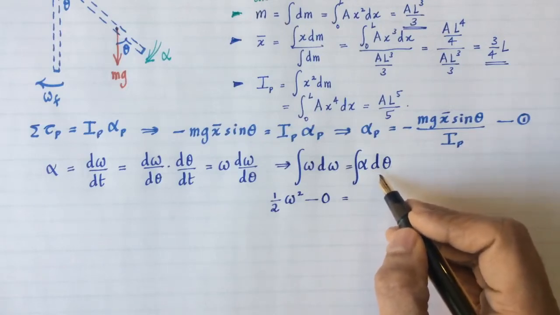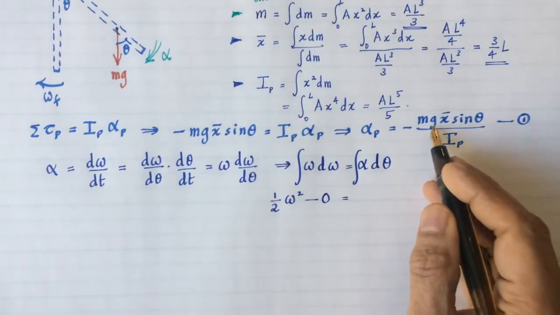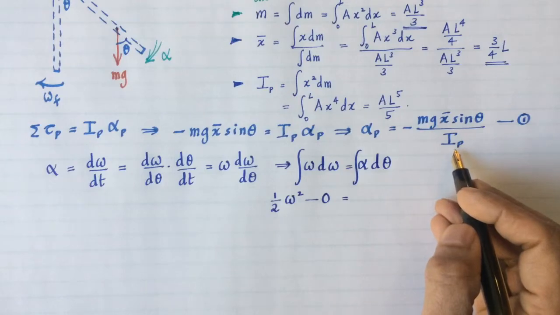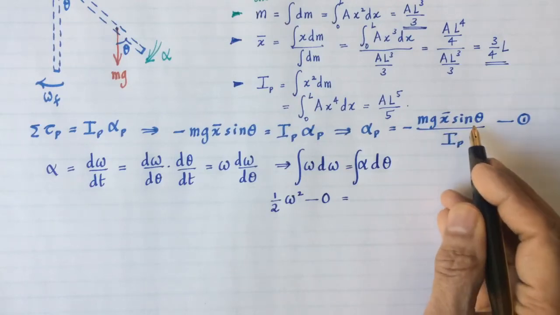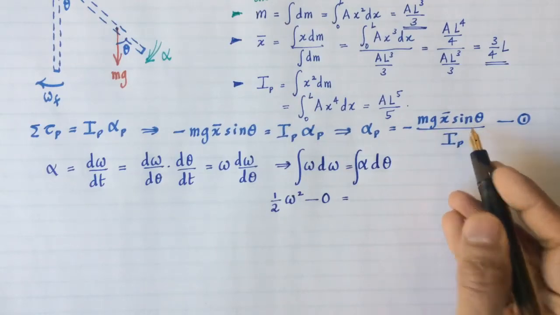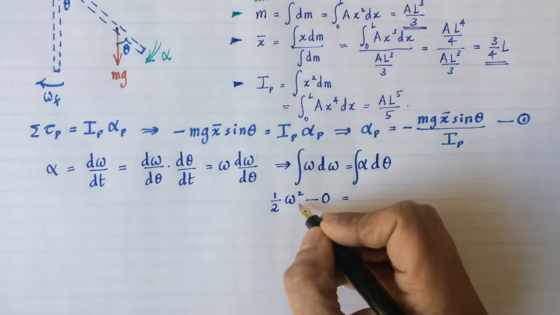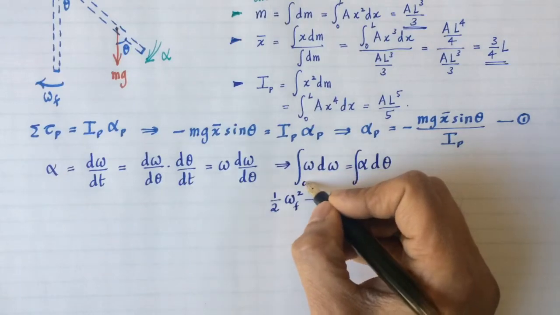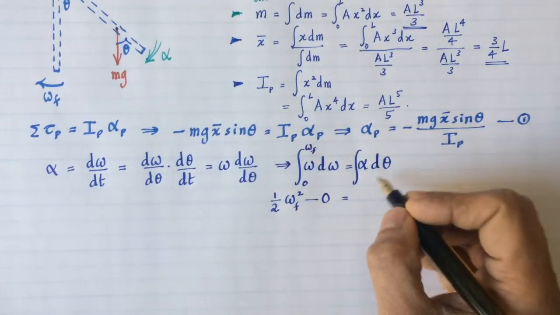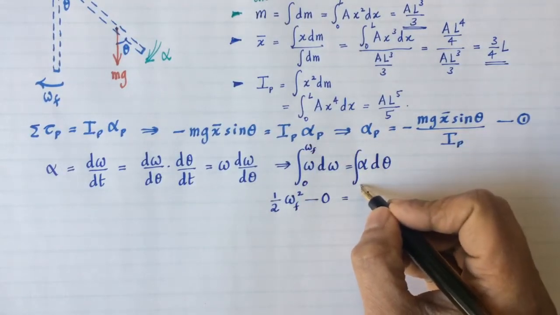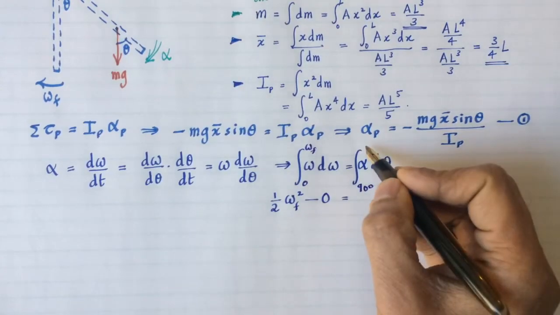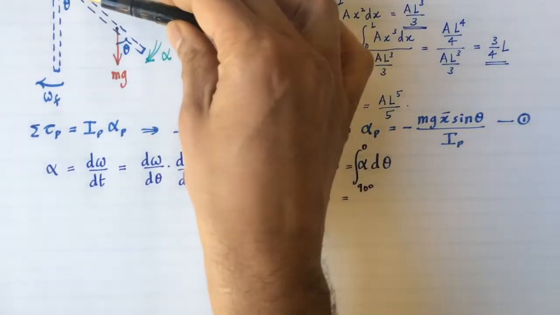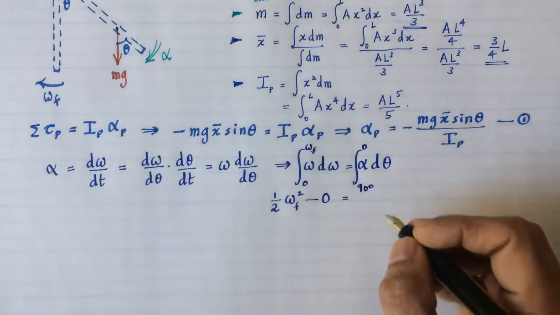Now when I take the integral of this, m will come out, g will come out, I sub p will come out, x bar will come out, and the only integration variable is sine theta. So this is from 0 to omega f, and that angle is from 90 degrees all the way to 0 degrees, because as this rod swings, the angle keeps decreasing.